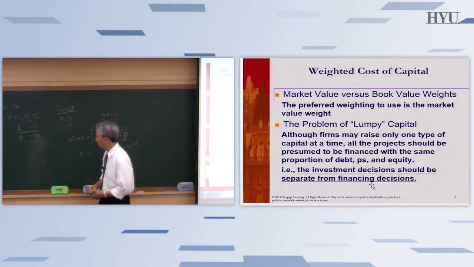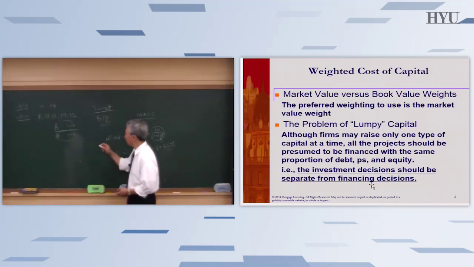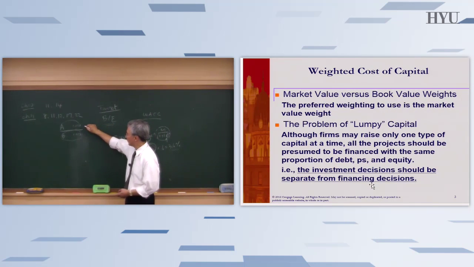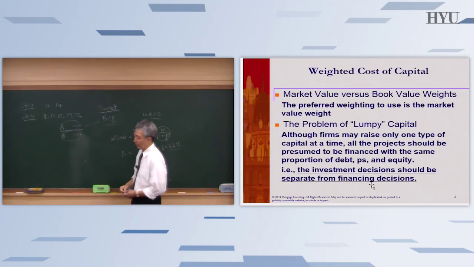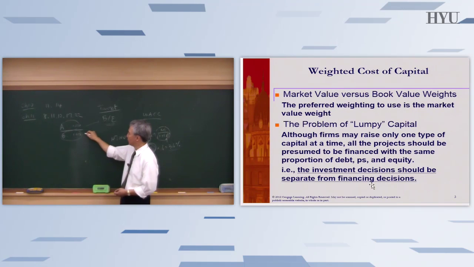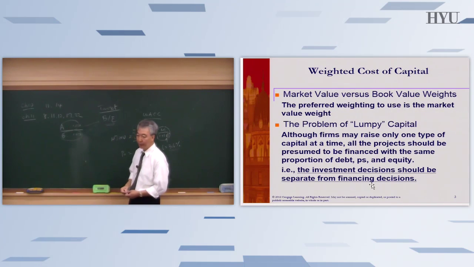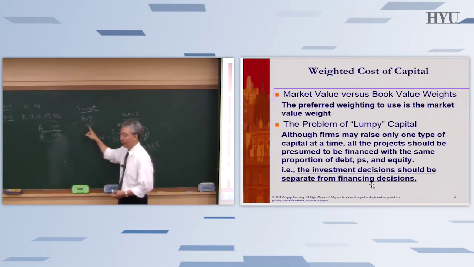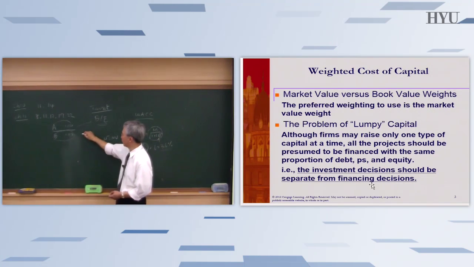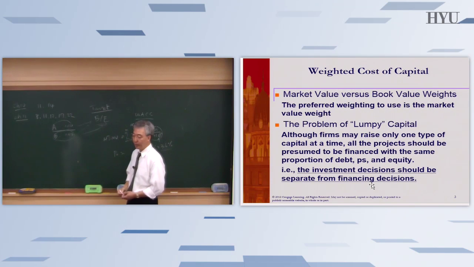So the company may say, okay, we have raised $100 million in debt. If we raise another $100 million in debt, we're going to get off the target debt-equity ratio by too much. So unfortunately, we have to raise the next $100 million using equity.